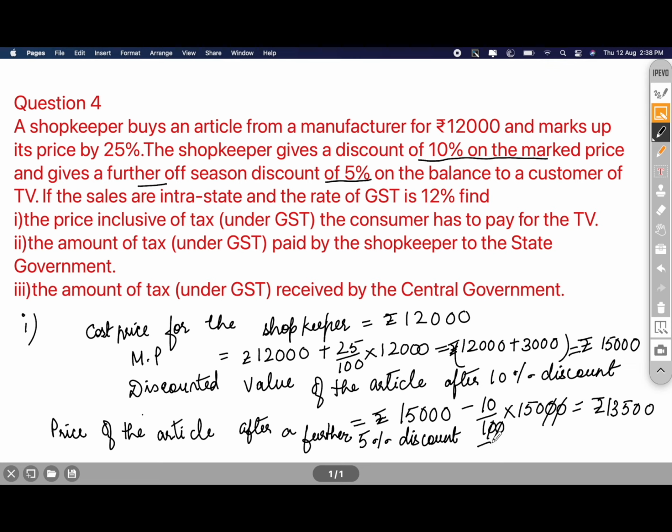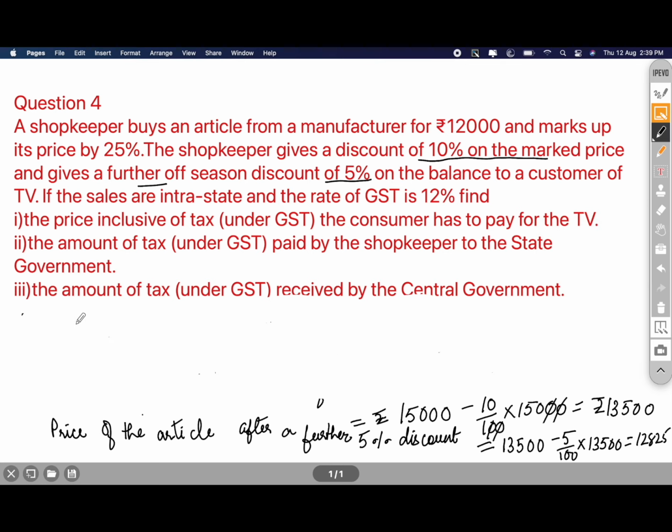How much do you think it will be equal to? 13,500 minus 5% of 13,500. So this gives 12,825. Right. Now I am rubbing the upper part of the screen.